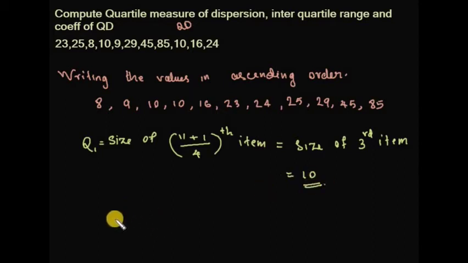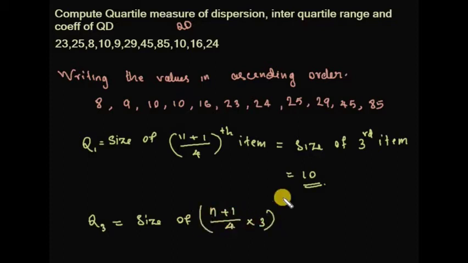Okay, next we have to find Q3. Q3 is size of n plus 1 by 4 into 3rd item.